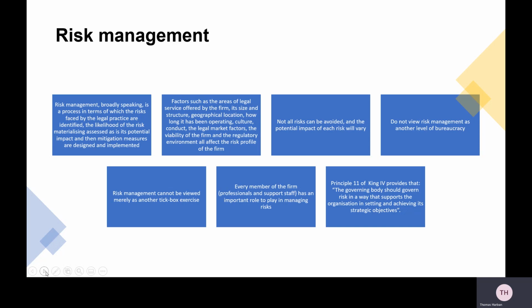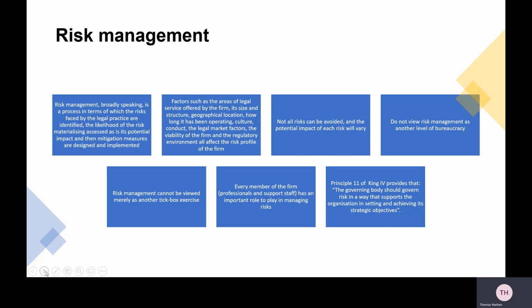And no two legal practices will ever have identical risk profiles. There are some risks that affect legal practitioners generally, but there are others that affect certain types of practice more than others. But every firm is faced by the risks, because none of us operate in a vacuum.